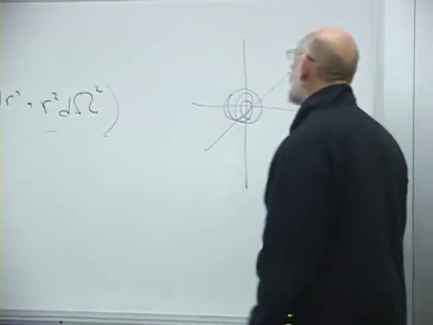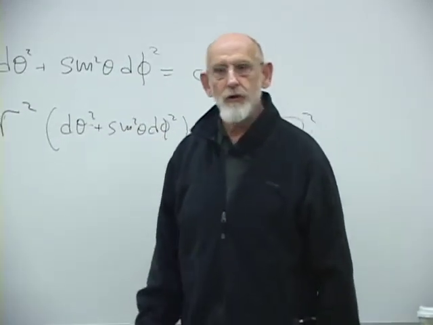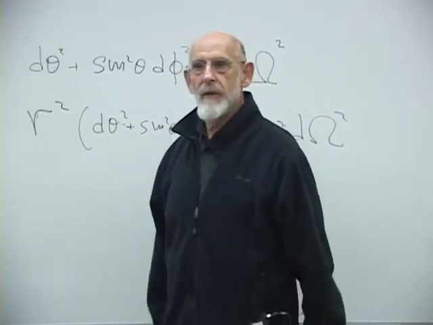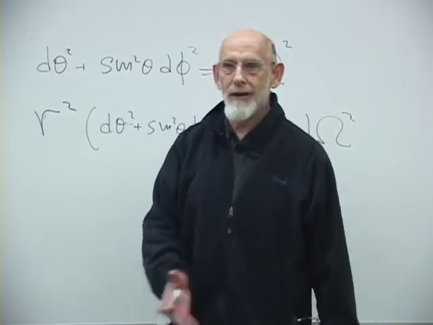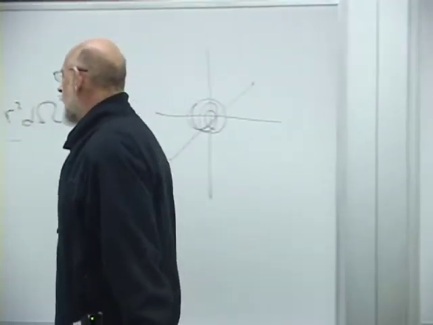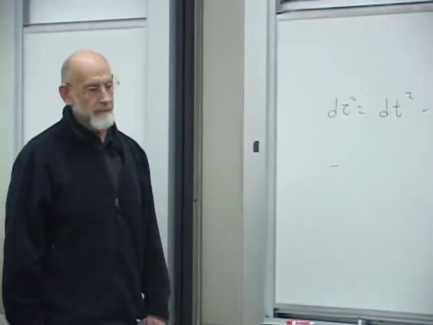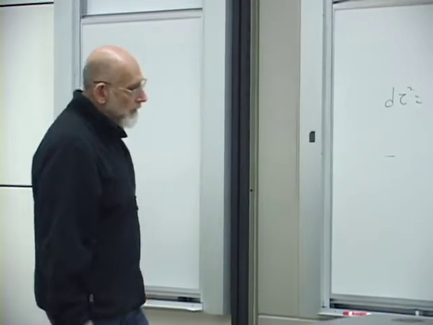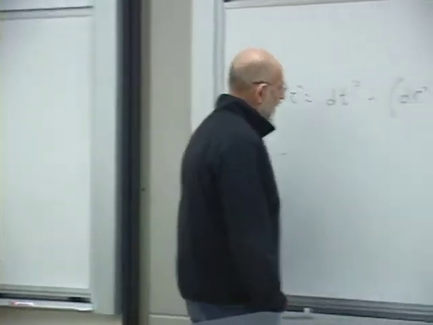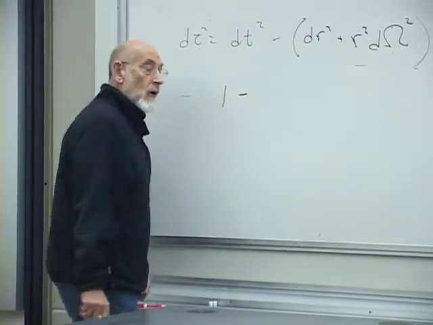First of all, if we go very far from the black hole, the influence of the black hole should fade as you move away. That means that far from the black hole, this should be pretty good. I'll write down the answer and then we'll check that. The answer is 1 minus. Now, a black hole has a mass.